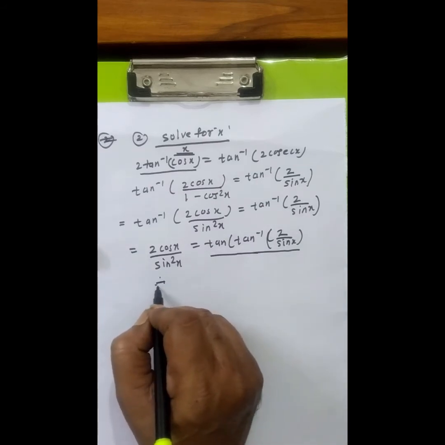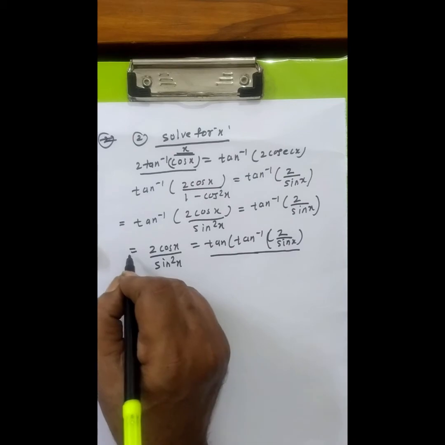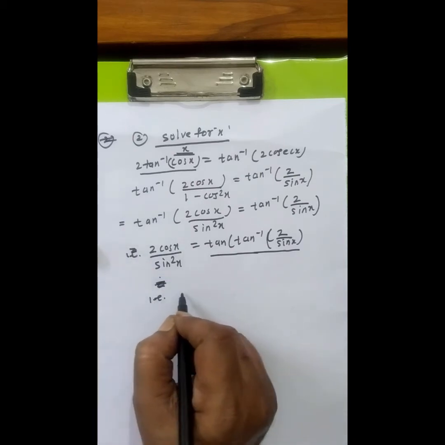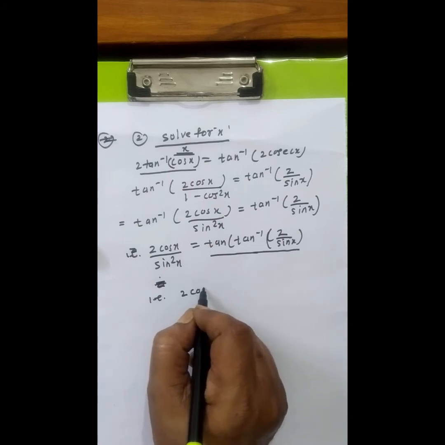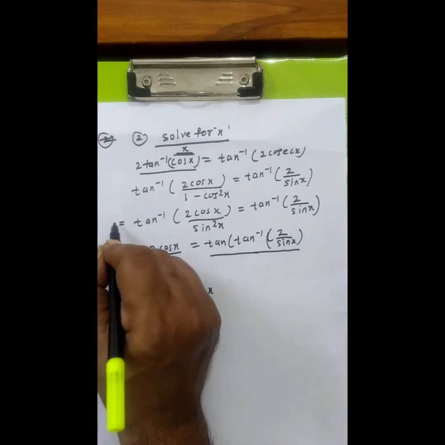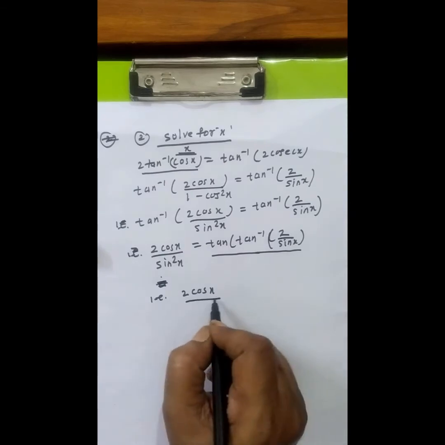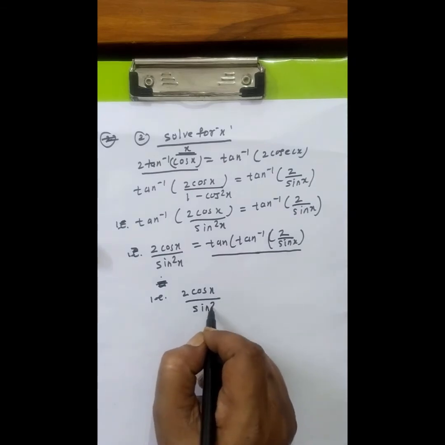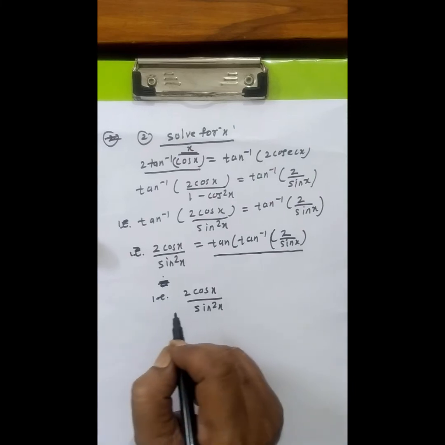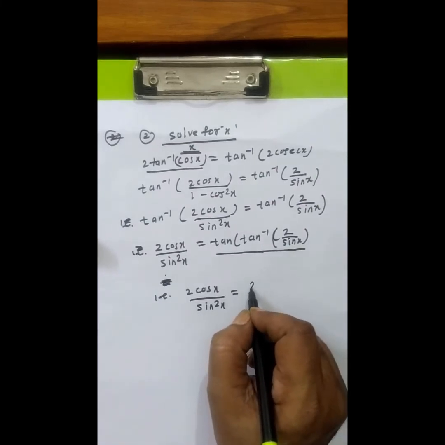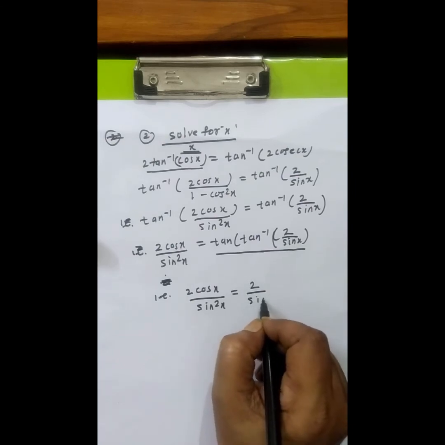Therefore we can write 2 cos x divided by sin square x equals 2 divided by sin x.